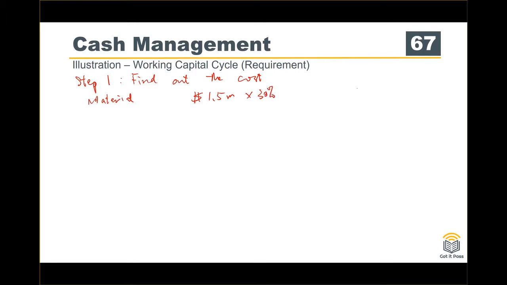So it means 450,000. And for the labor is 25% of 1.5 million. So in a year is 375,000. For the variable overhead is 10% of 1.5 million.